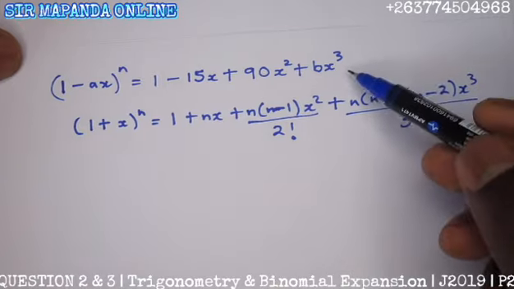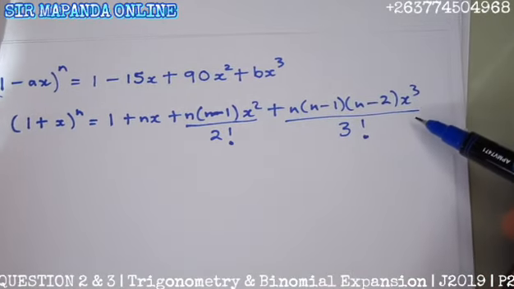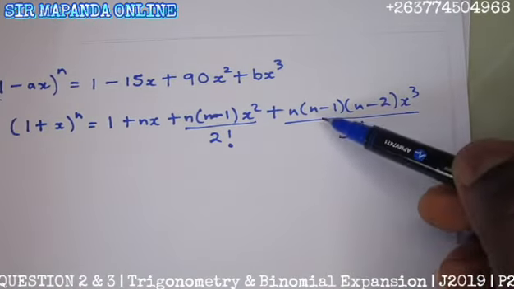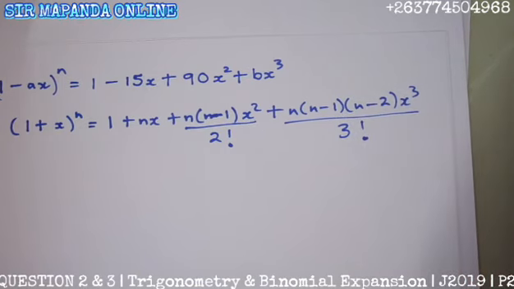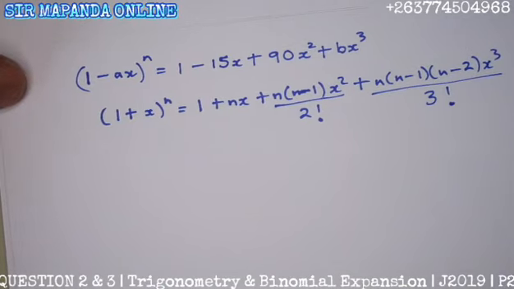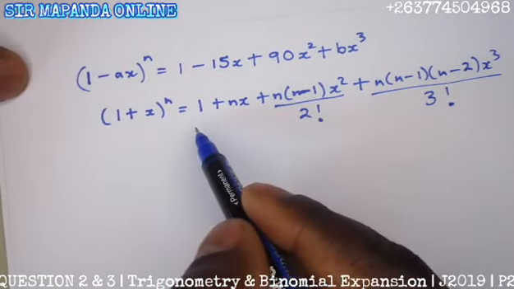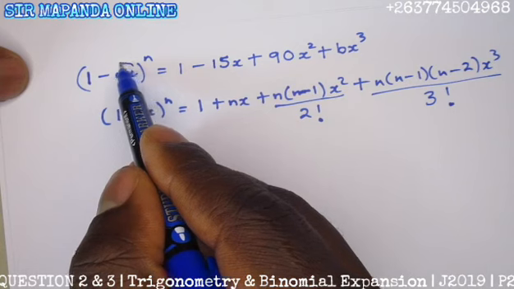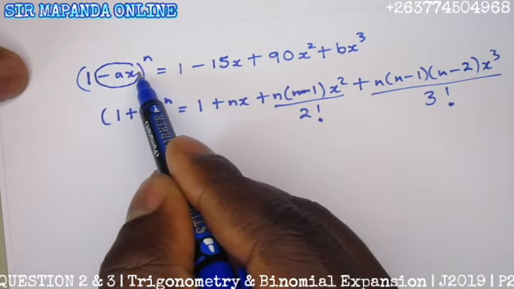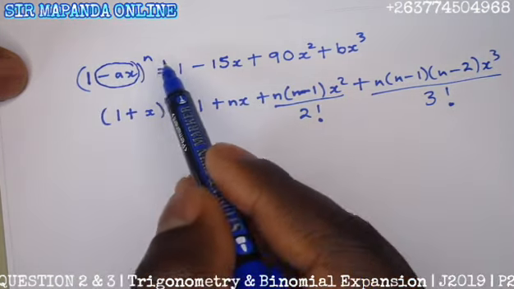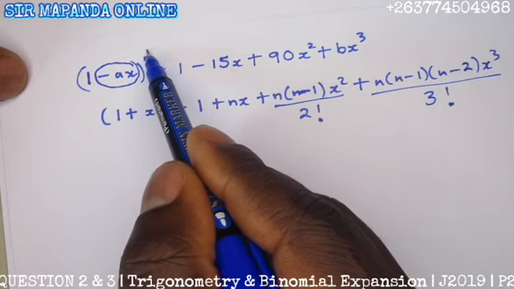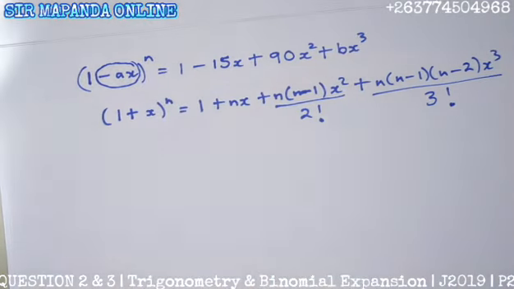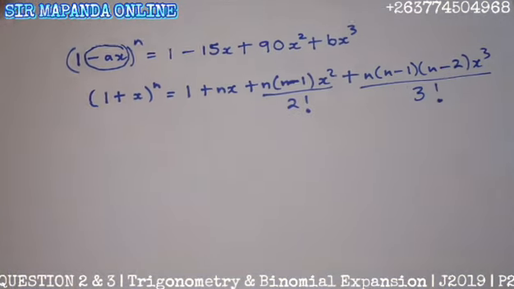So since the highest power is cubed, we are going to reach n minus 1, n minus 2, x cubed over 3 factorial. Right. So we are going to substitute minus ax on x, then we substitute n on n. I hope you are following. So let us carry out the substitution process.